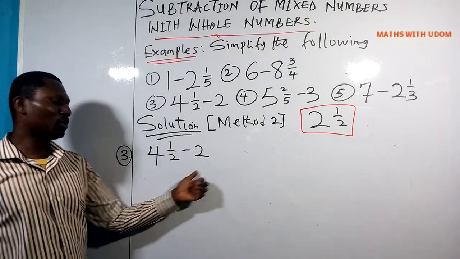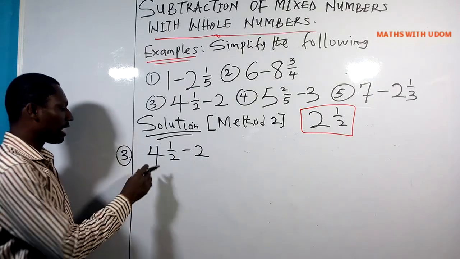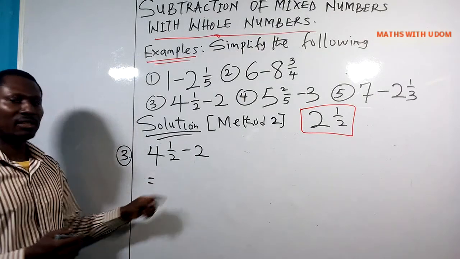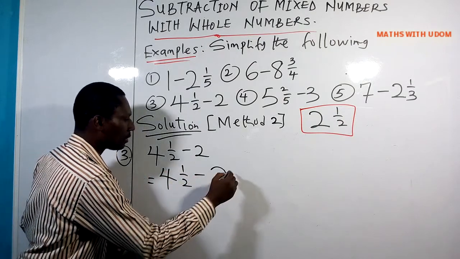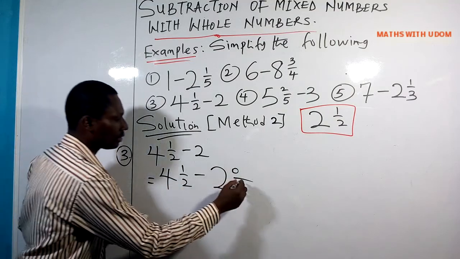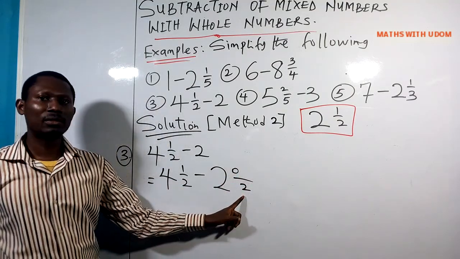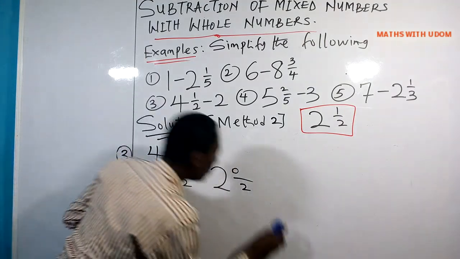We subtract the whole part, then the fractional part, subtracting fractional parts. So here we're going to rewrite this like 4 whole number, 1 over 2 minus 2 whole number, 0 over the same denominator, over 2. Because 0 over 2 is 0.